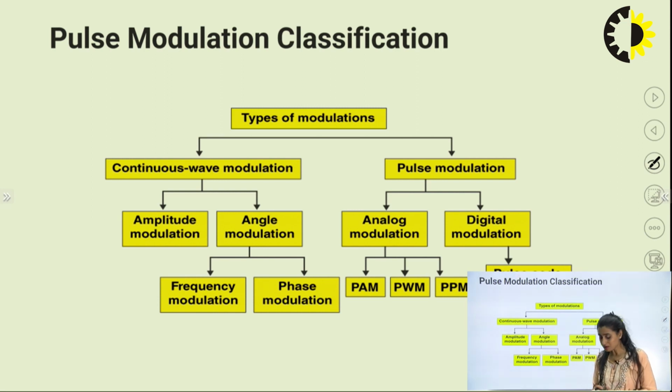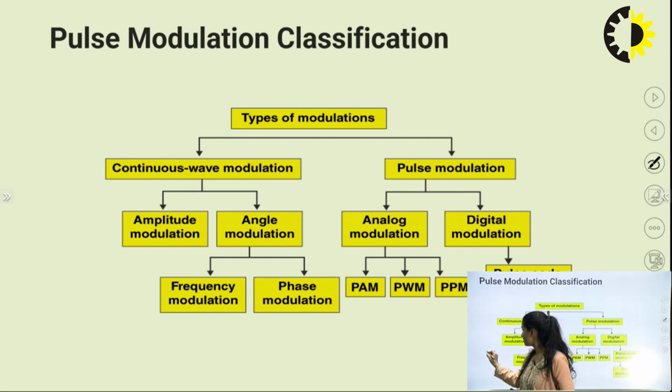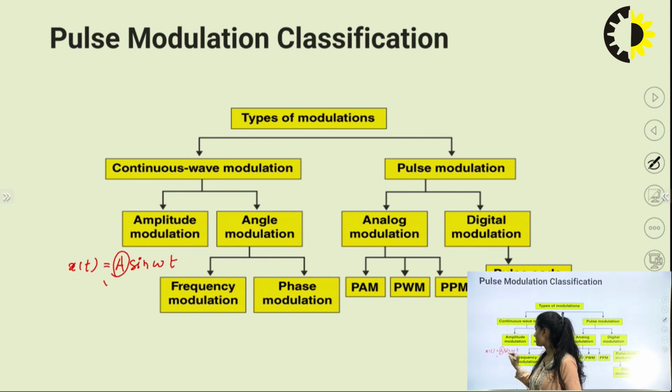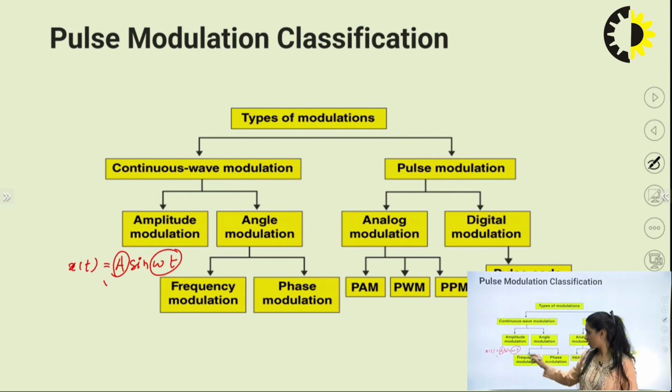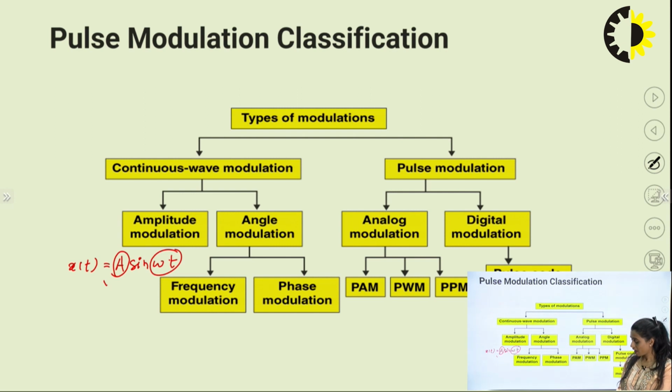As we know, a pure sinusoid can be written as A sin omega t. My wave has these two characteristics, amplitude and angle. When I vary the amplitude of the carrier wave, that is called amplitude modulation, and when I vary the angle, that is called angle modulation. Angle modulation is further classified into frequency and phase modulation.